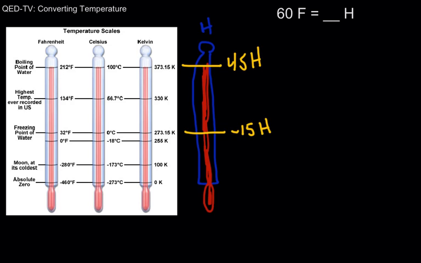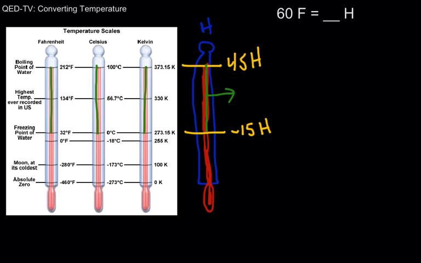Okay? So, remember on the Fahrenheit, from freezing to boiling was 180. From freezing to boiling on Celsius was 100. And on Kelvin it's also 100. And on the Herman scale, from freezing to boiling, it's negative 15 all the way up to 45.